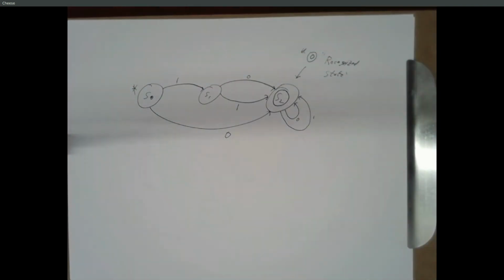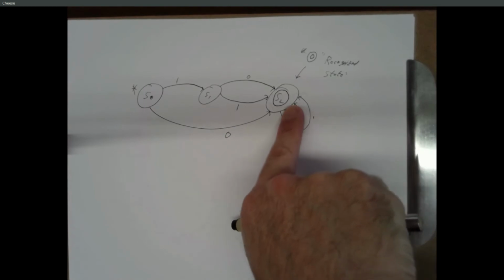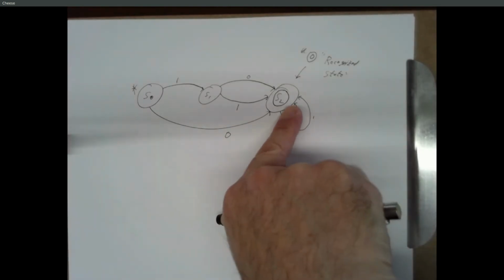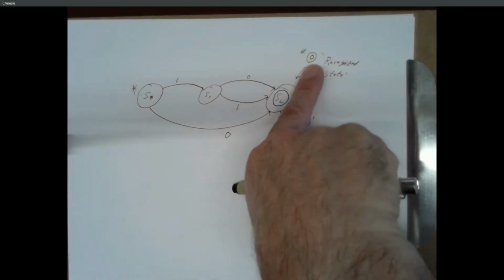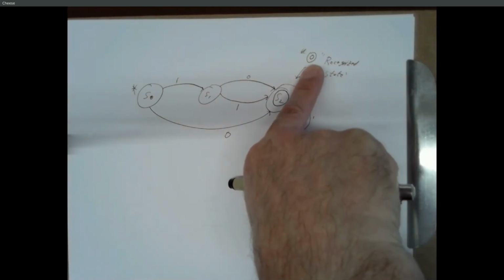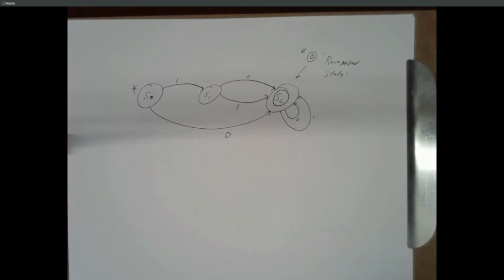So we can build a machine that takes input and moves from state to state, and when it recognizes the input as matching some pattern, being part of our language, being a valid C program, whatever, it should transition into one of these recognized states. So anytime we're in a state that's represented with these two circles, we can say at that point our input up to there has been recognized by our system.